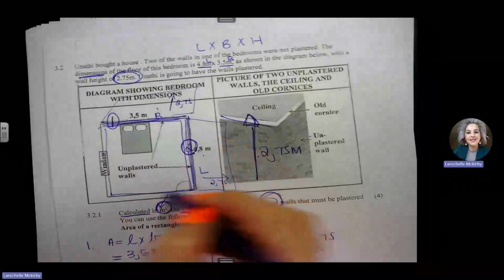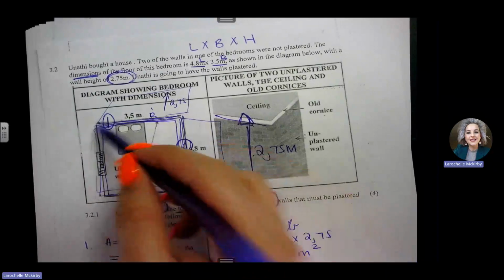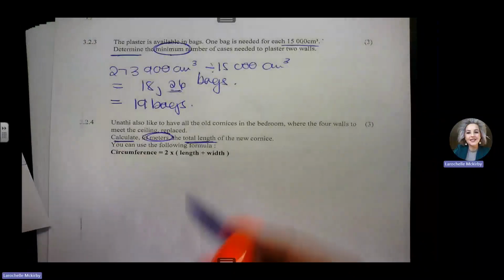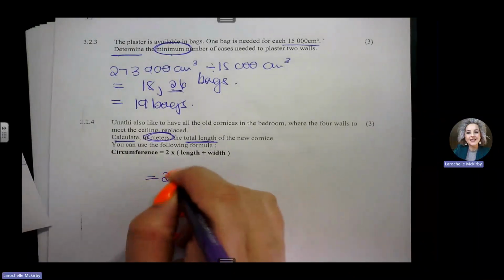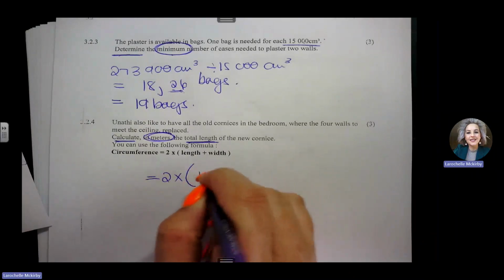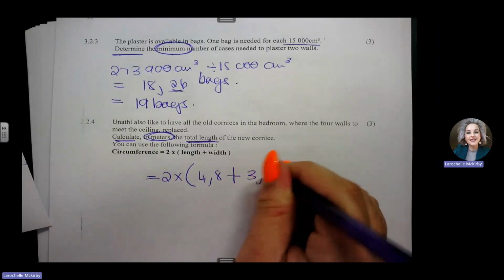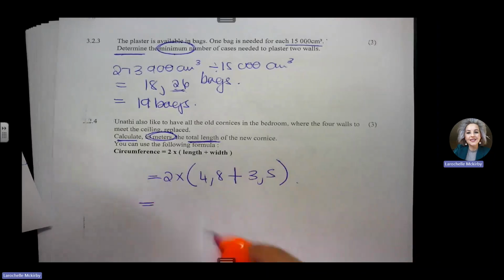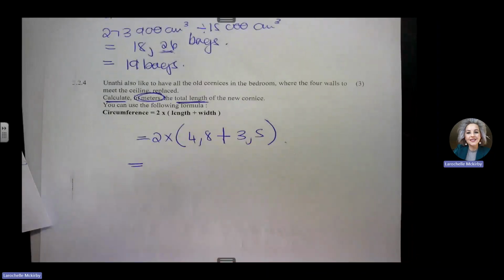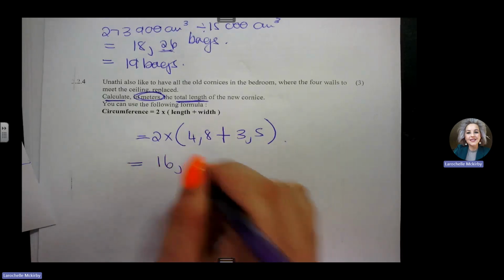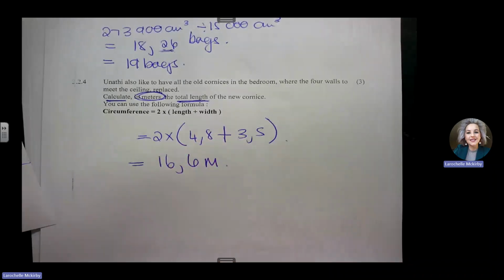The perimeter of this room is the length around the room. So we will just use this formula by saying 2 multiplied by the length of the room, which is 4,8, added with the width of the room, which is 3,5, close that up. So the perimeter of that room, and the circumference is for a circle, so the perimeter of that room will end up as 16,6 meters worth of cornicing.